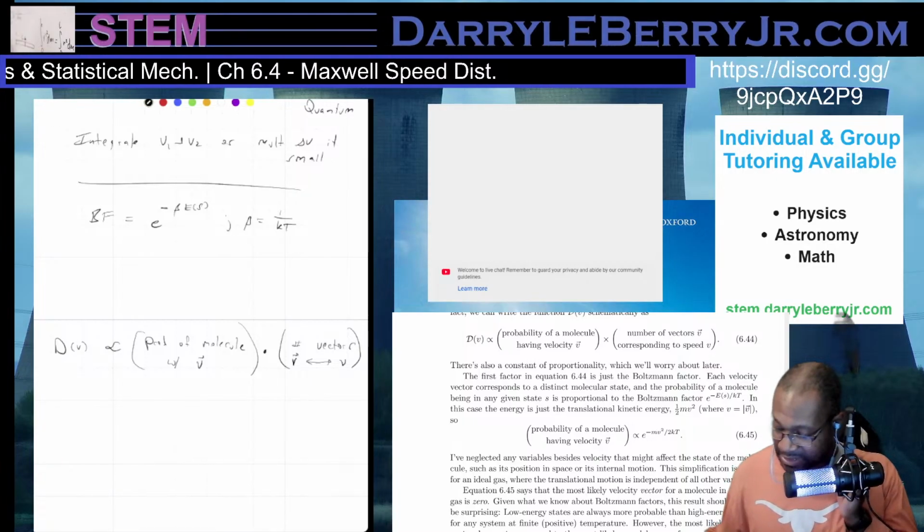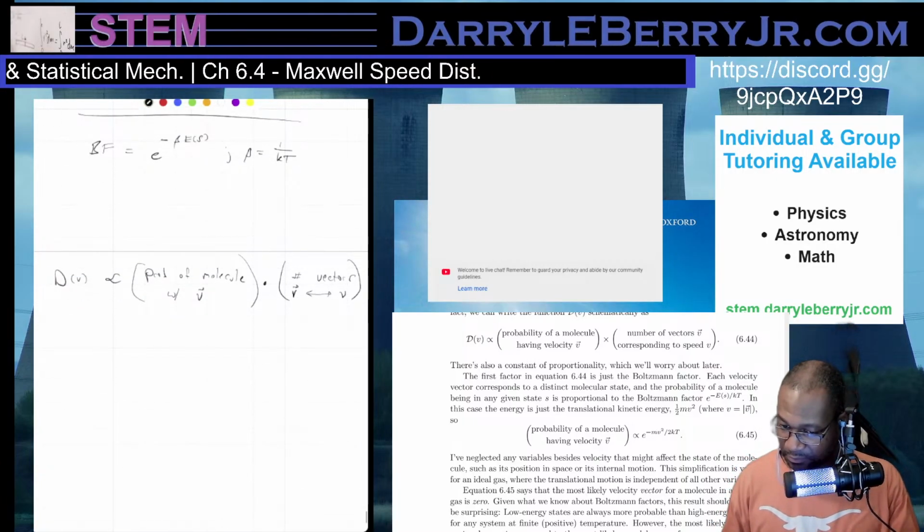That's what they mean by the number of velocity vectors corresponding to a speed v.